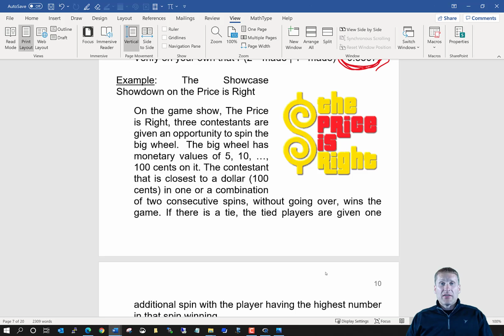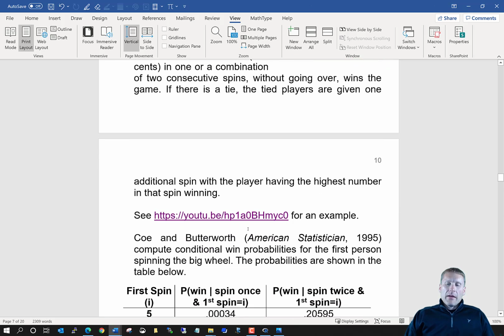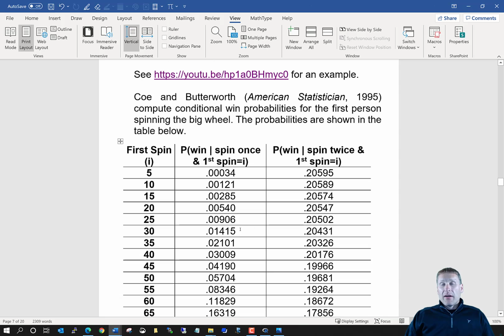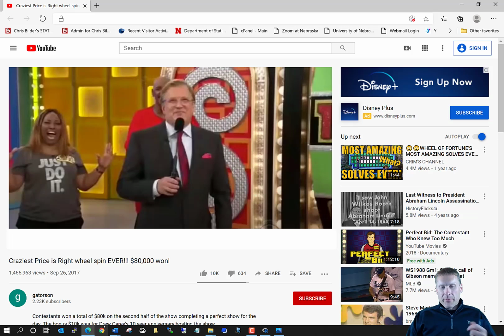And the contestant that is closest to $1 from one spin or through adding the combination of 2 spins wins this particular game. Okay? And so let's take a look at the game in action. So here I have a little YouTube video that I found on the web that shows this game being played, and we'll just watch a small segment of it.